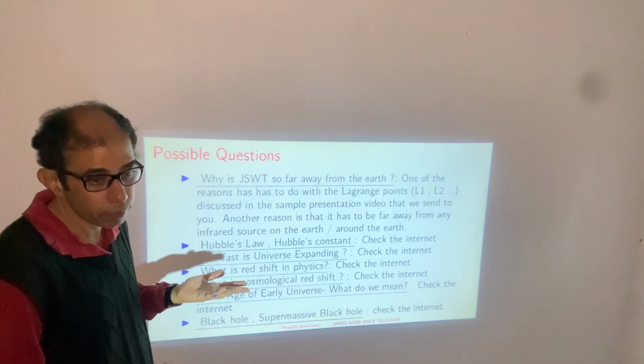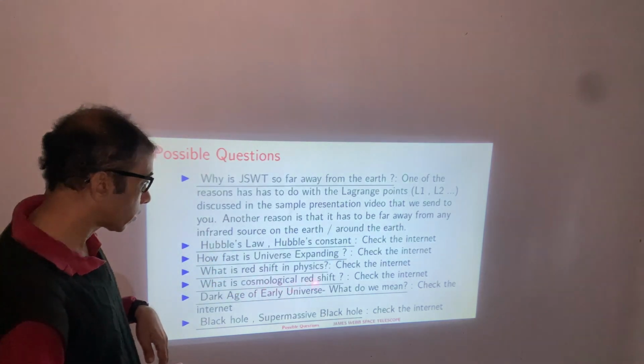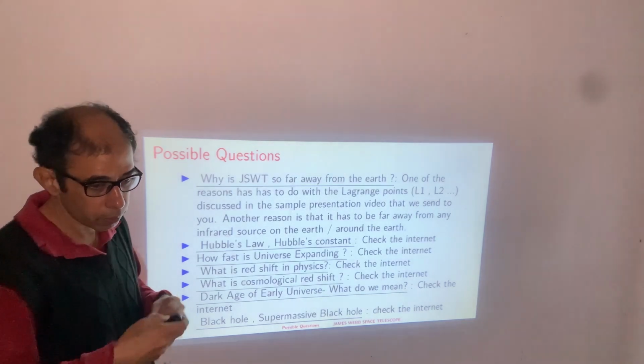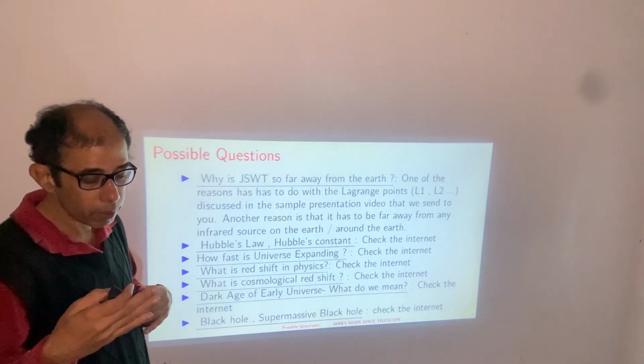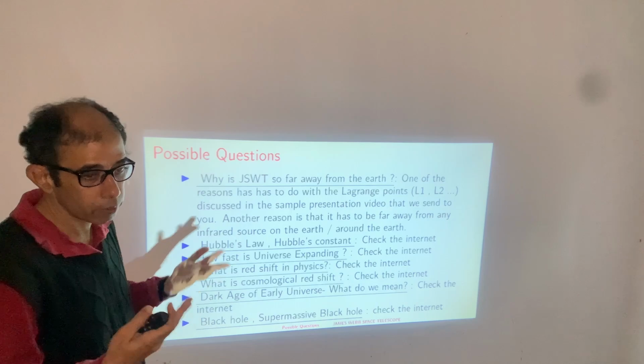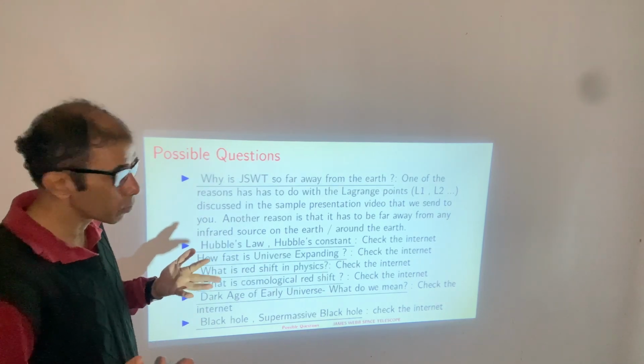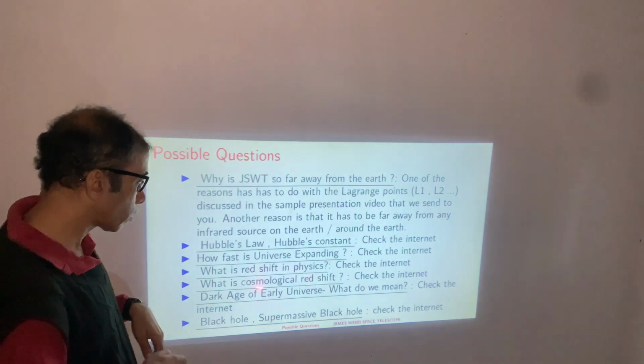It may now be an infrared. So the wavelength of the gamma ray has increased and now corresponds to infrared. That is called cosmological redshift.